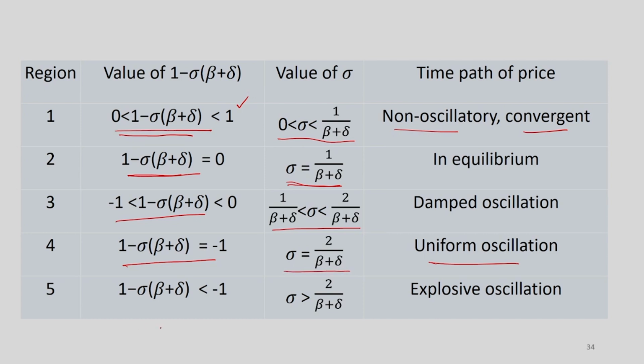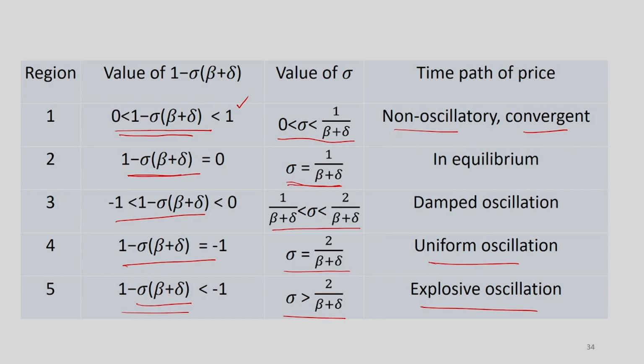And finally, the fifth case is the B value, that is 1 minus sigma multiplied by beta plus delta, is very low, it is less than -1, and in this case we know there is going to be explosive oscillation, right, and this condition once again turns out to be this, that sigma is strictly greater than 2 divided by beta plus delta.